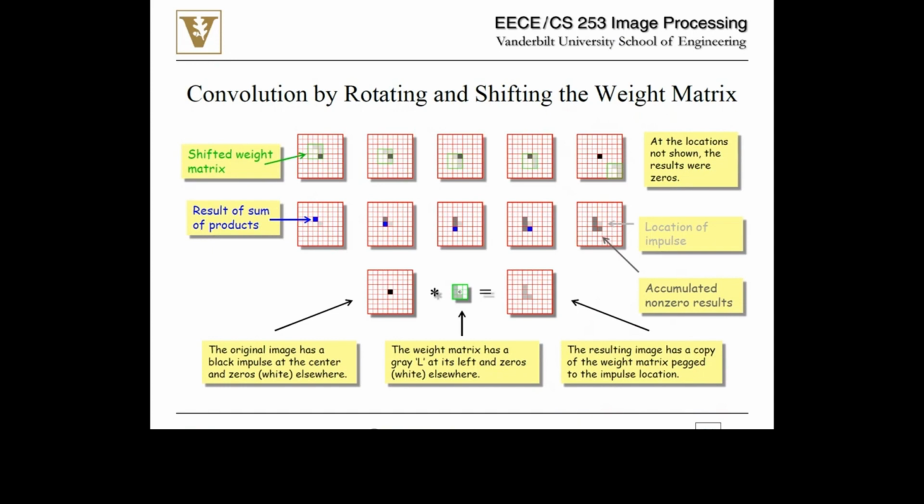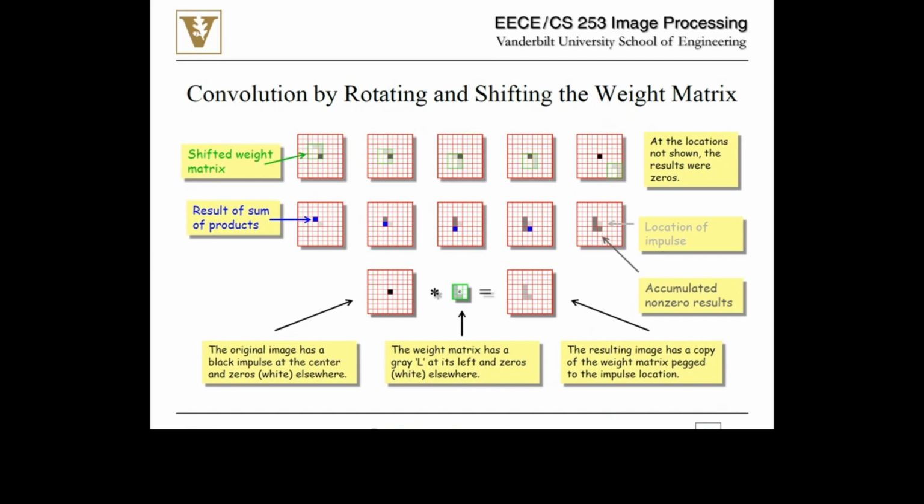Okay, let's look for another location where the multiplication is different from 0. Now this gray point is 1 times 1 again, and all the rest will be 0. Then the sum will be 1 again, and I have calculated this new blue point. This one is also different from 0, and this one is also different from 0. All the rest are zeros.